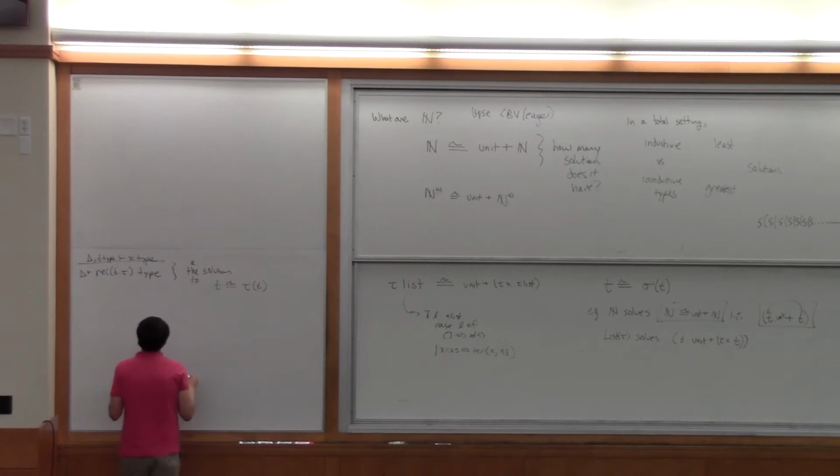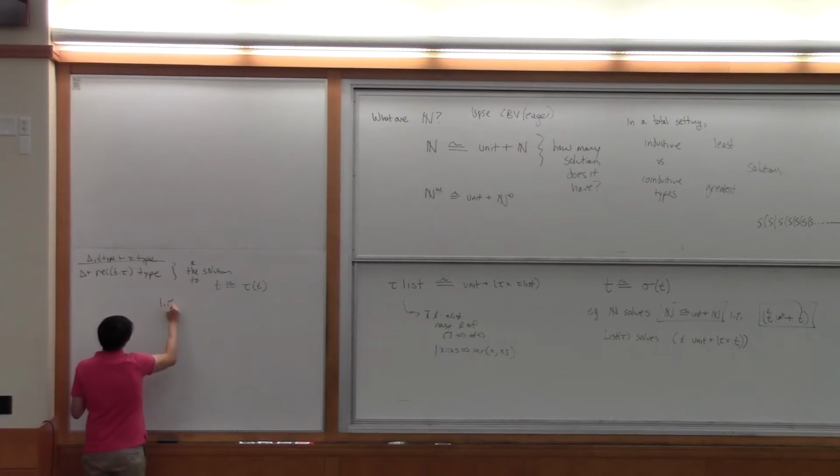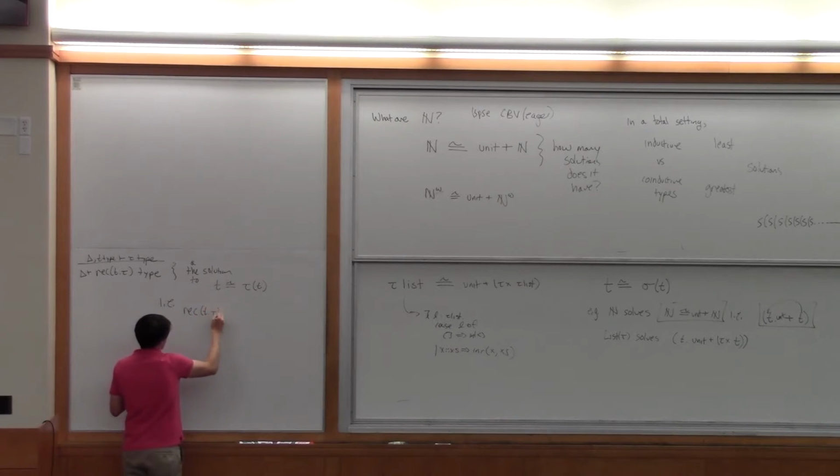Okay, so in particular, what we should have is that rec t dot tau is isomorphic to tau with rec t dot tau plugged in for t.